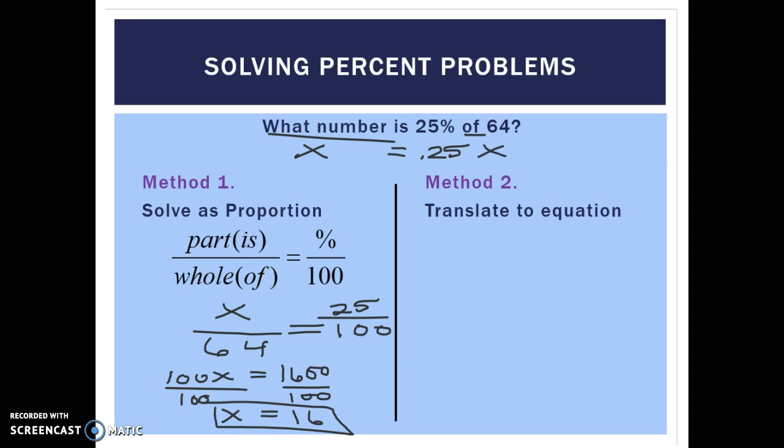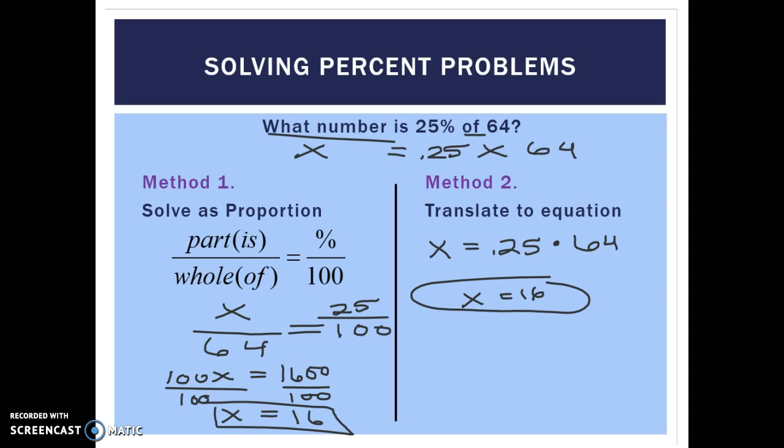Of in math means to times, and 64 obviously is just 64. So now we have an equation, x equals 0.25 times 64. And if you actually multiply that through, 0.25 times 64 does equal 16.